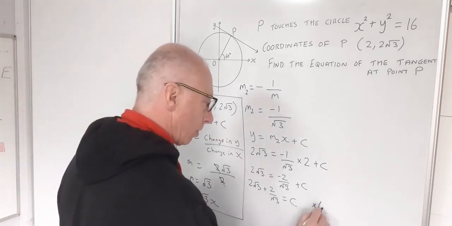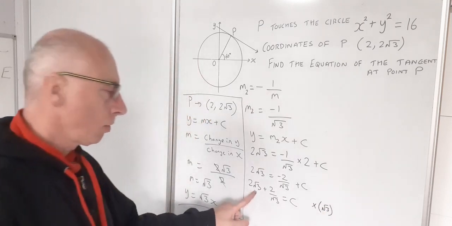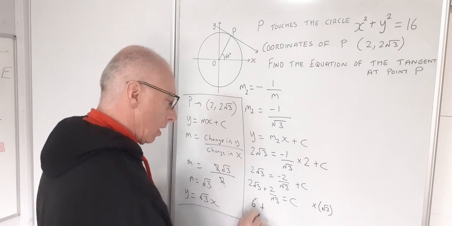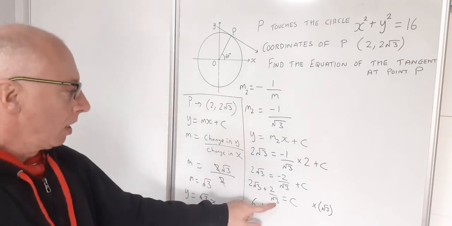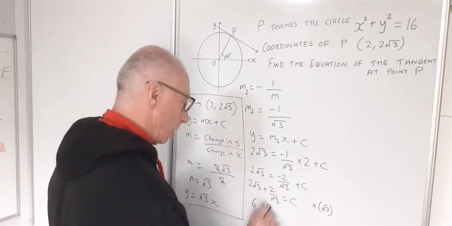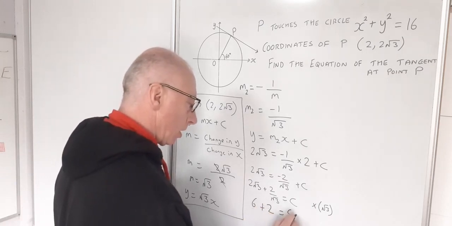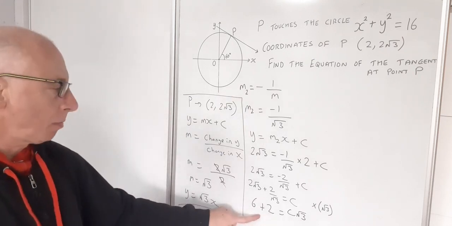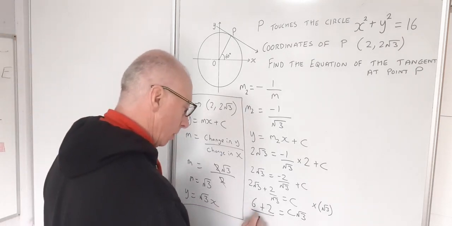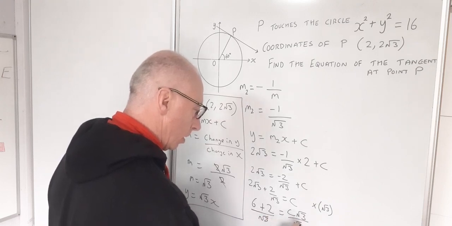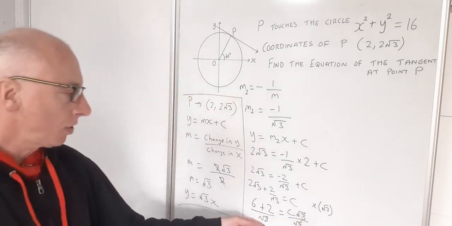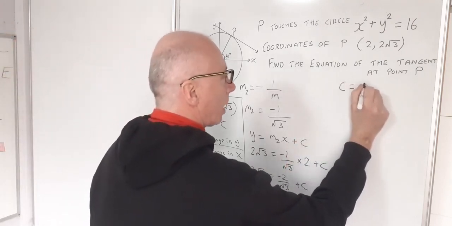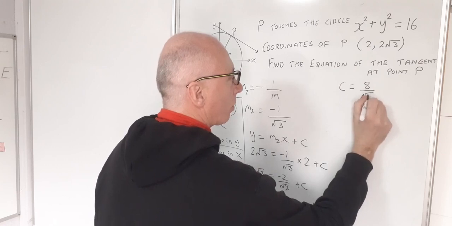Let's just put a times root 3 here just so we can see what we're doing. 2 root 3 times root 3 is going to be 2 times 3, which is then going to be 6. Multiply this by root 3, we'll be left with just the 2. And then that equals c times root 3. Okay, well, divide both sides by root 3. We'll get c on its own. So they will cancel out. So now we've got c equals 8 over root 3.